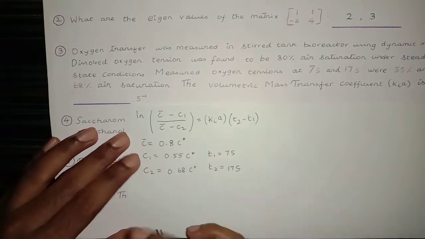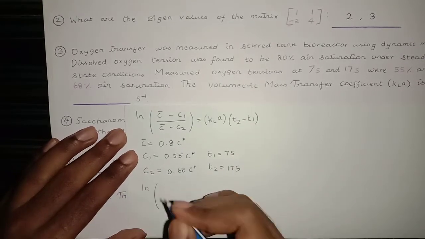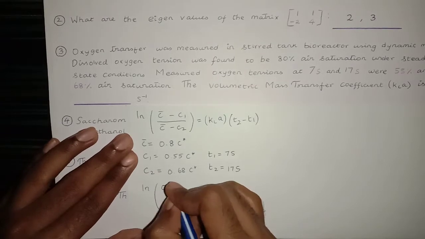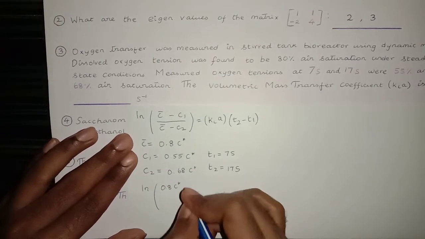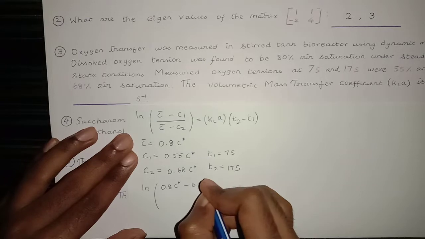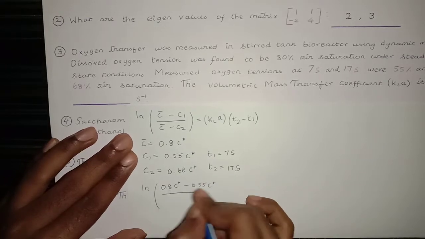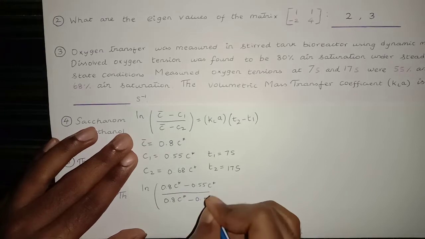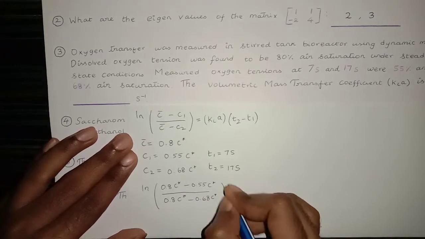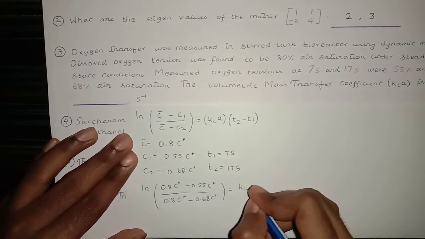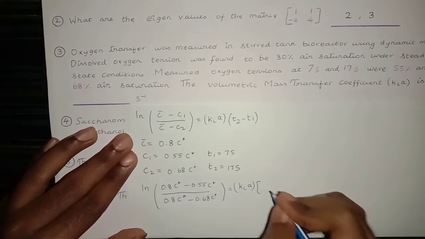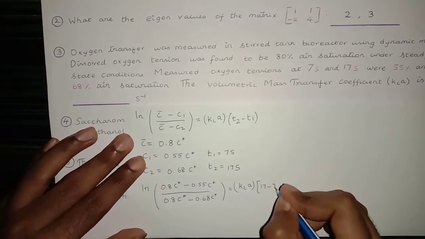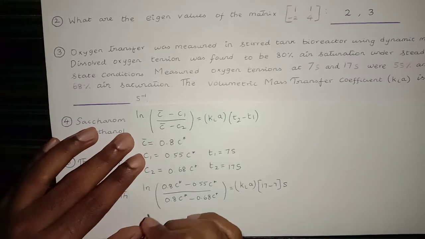So let's plug in this value here. Therefore ln of 0.8 C star minus 0.55 C star divided by 0.8 C star minus 0.68 C star is equal to KLA times T2 17 minus 7 seconds.